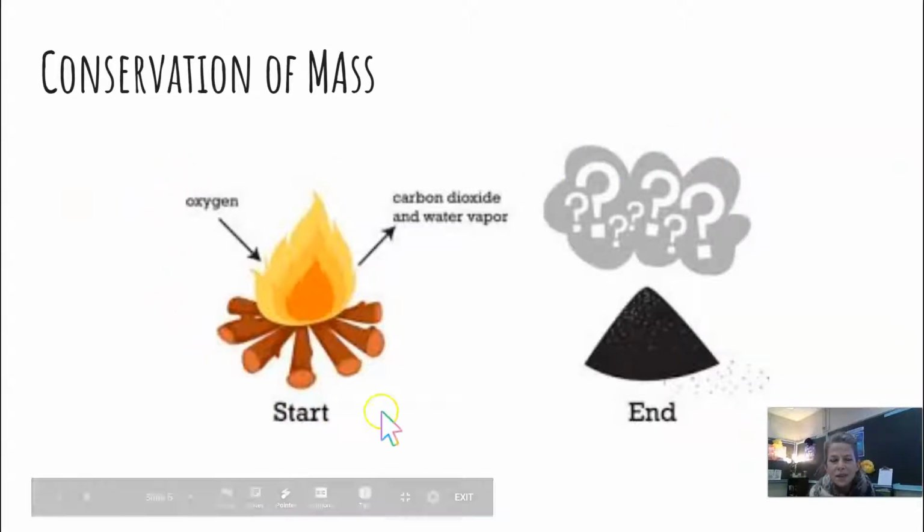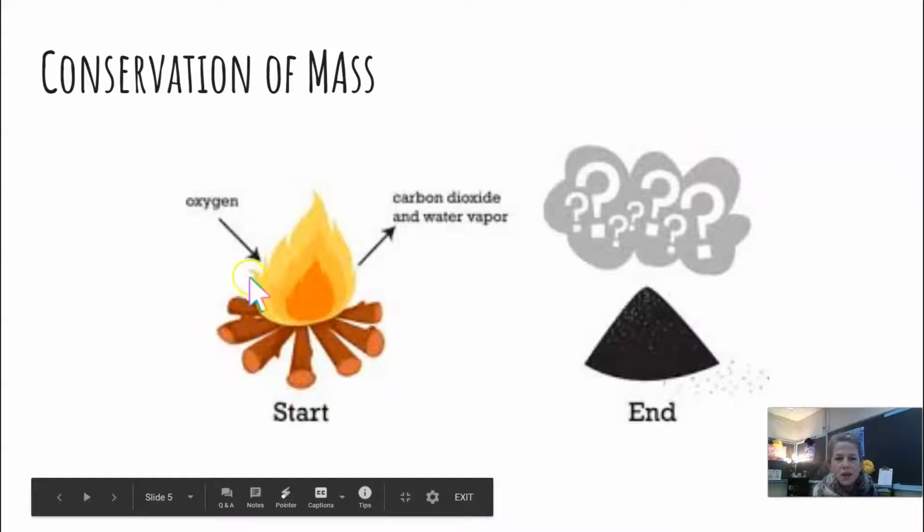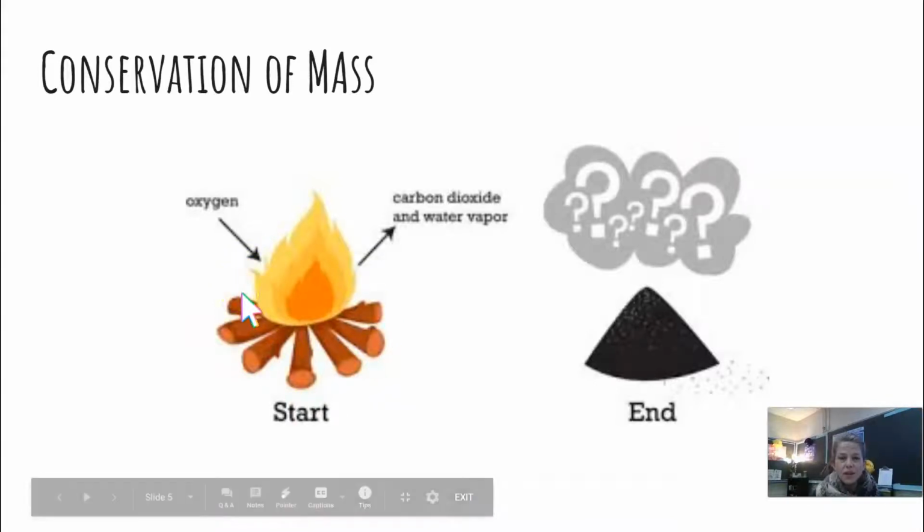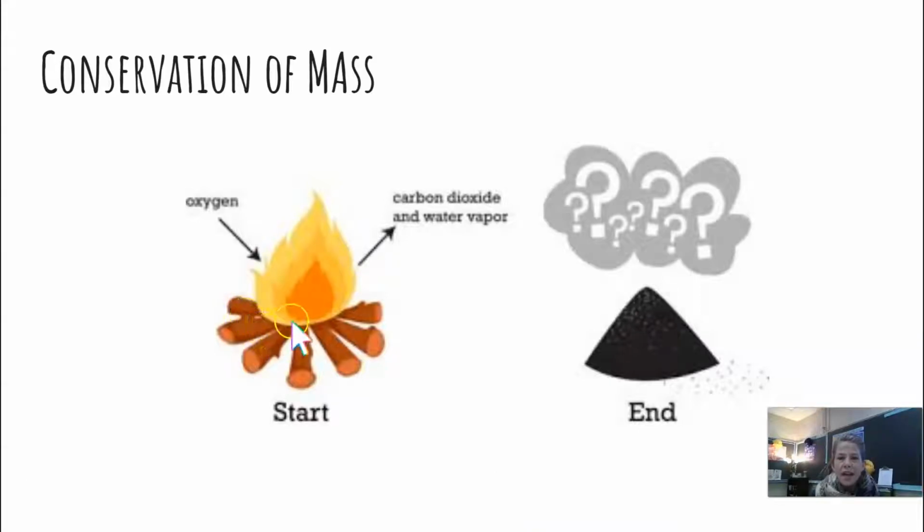When we start a fire, we start with the logs and the oxygen required to start the fire, right? And in the end, the gases that come from those logs being burnt are carbon dioxide and water vapor, and ashes, right? So does that mean that the mass was destroyed or not?